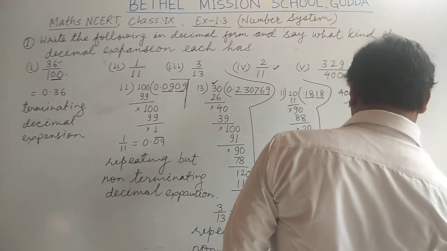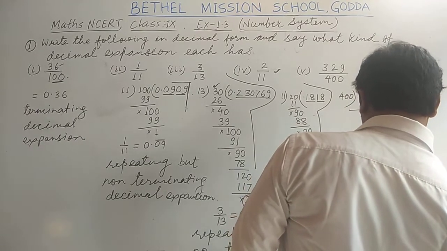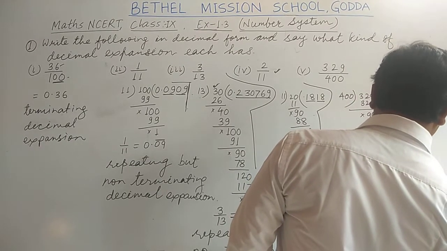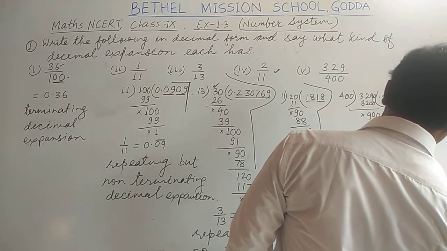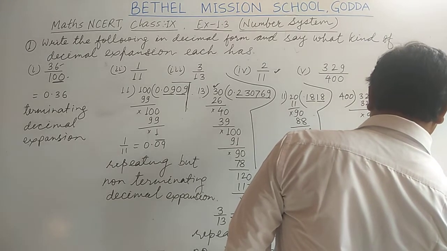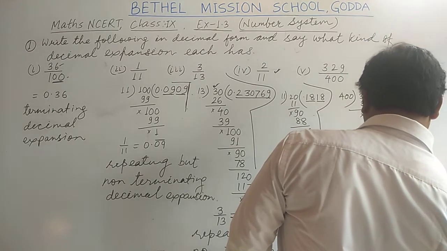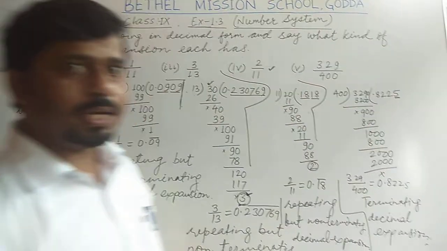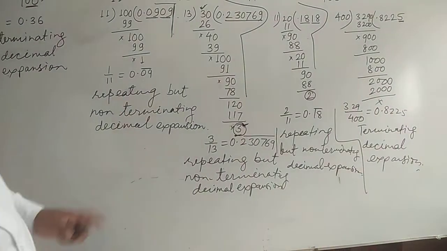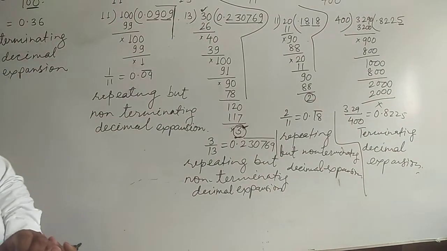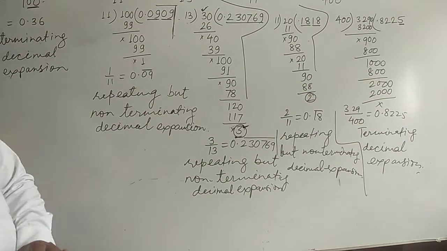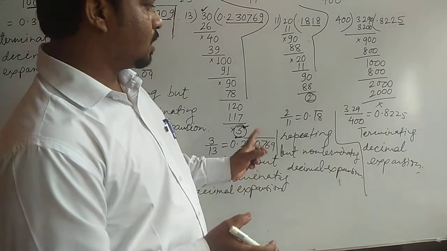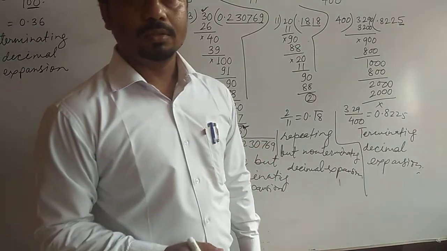This is called terminating decimal expansion. So you understood this is the solution, and we can understand it by dividing.